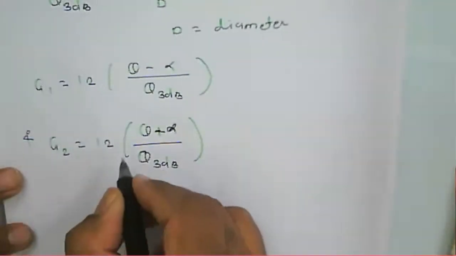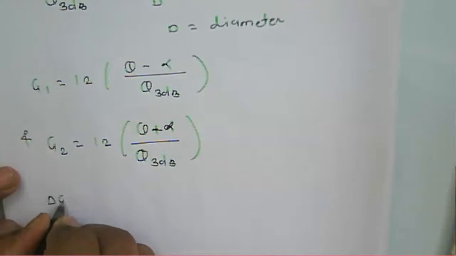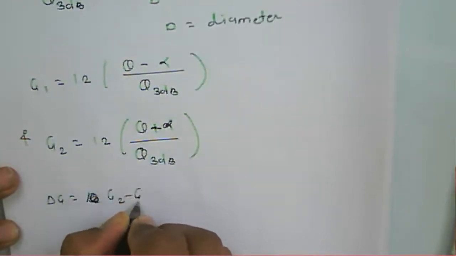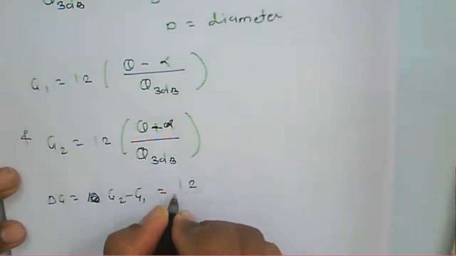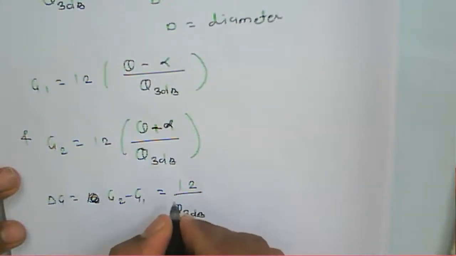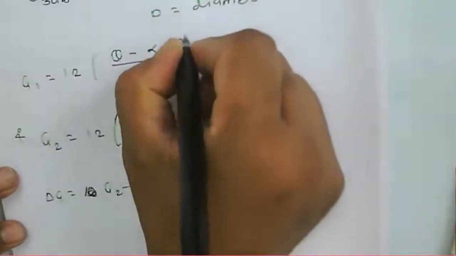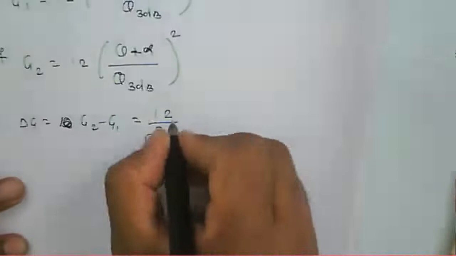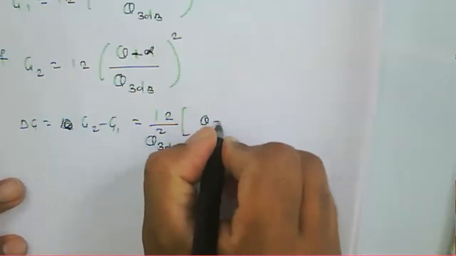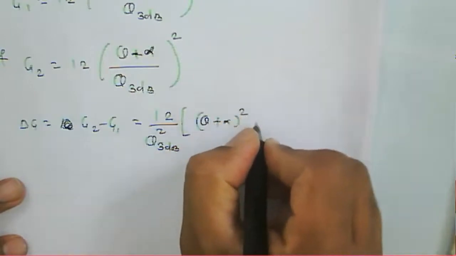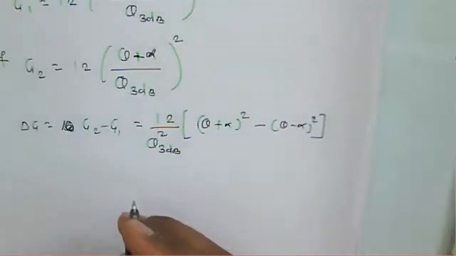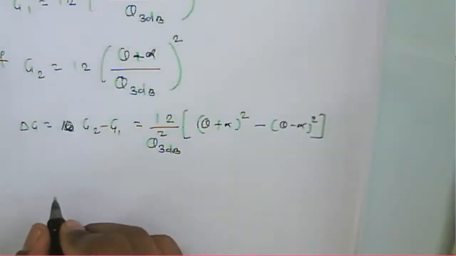We'll get G1 and G2, and the difference between them, delta G, is G2 minus G1 equal to 12 by theta 3 dB squared, in brackets, theta plus alpha squared minus theta minus alpha squared. So that is delta G.